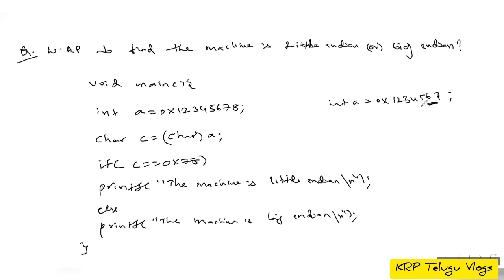If the c value is 67, then you can print that the machine is little endian. Understood? So in little endian, the first memory location 67 will be stored, second memory location 45 will be stored, third memory location 23 will be stored, and fourth memory location 01 will be stored. Okay. Clear?